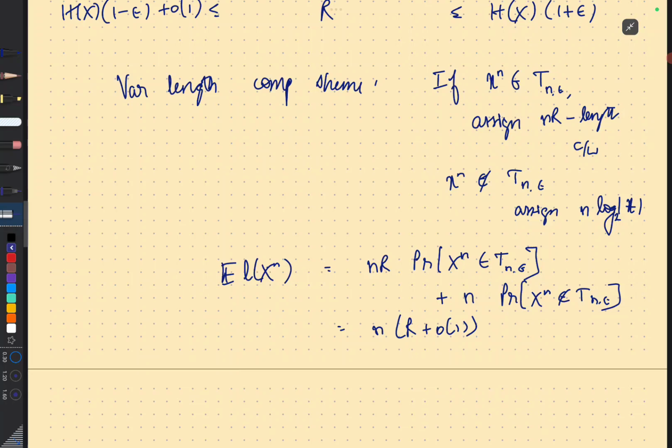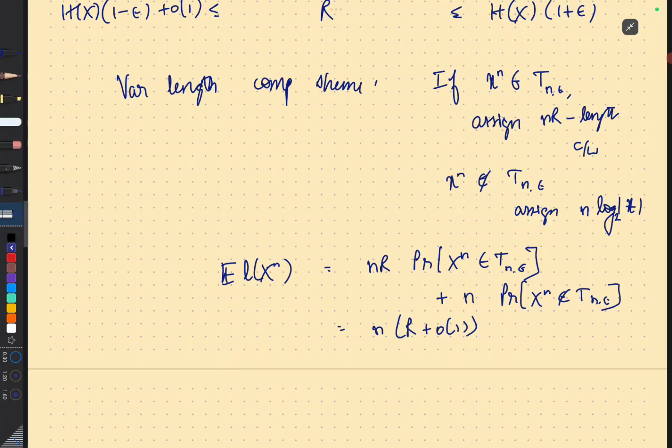All right. So what is the rate of this variable length compression scheme defined using the typical set? It's R. And in this case, what is R? It's equal to entropy, right?